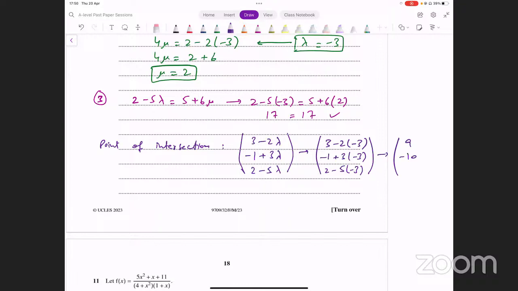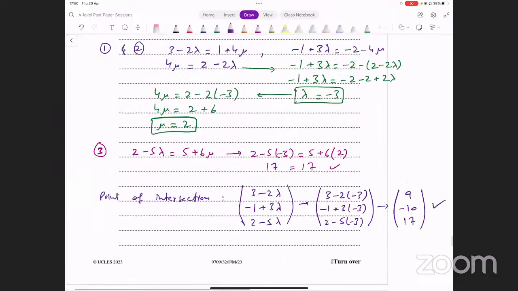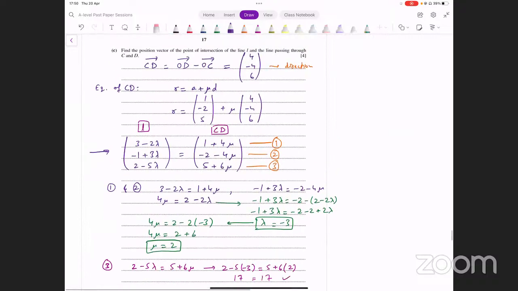And 2 plus 15, that is 17. This is the position vector of the point of intersection of these two lines that we had. And that is what we were looking for here. ठीक है? ये आपका point of intersection आ गया इन दोनों lines का.